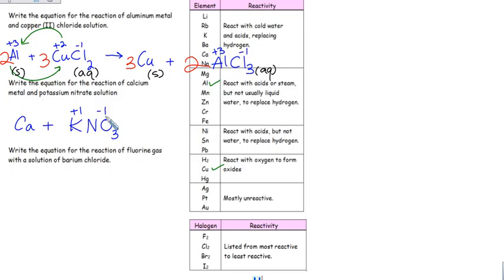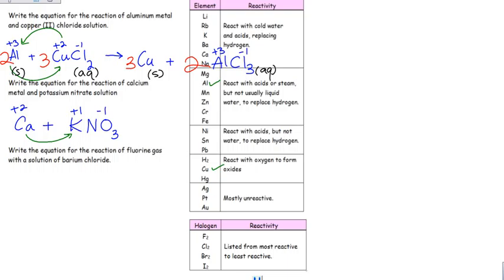If I glance at my periodic table, calcium normally forms +2 ions, which means that calcium is interested in replacing potassium. Positive for positive. So we check and see if that's okay. Calcium needs to be higher on this chart, or in other words, more reactive than potassium.